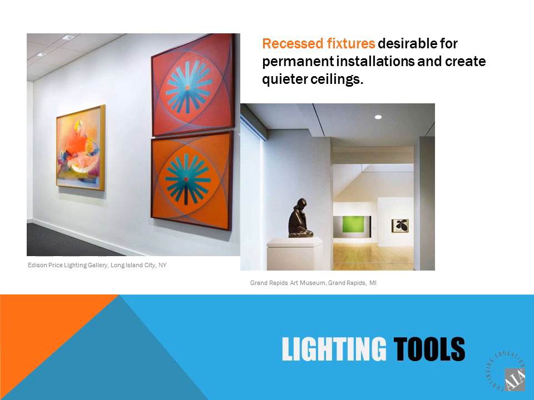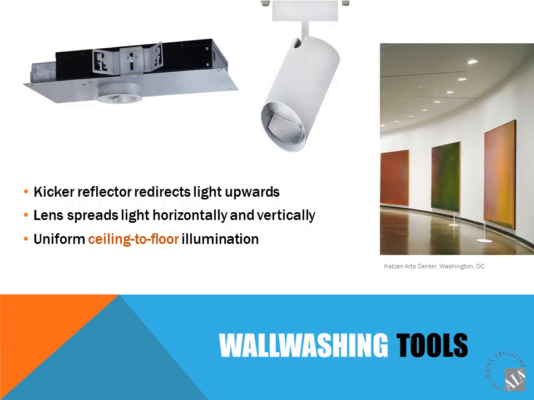But recessed lighting is important too, not just for permanent installations, but also where we want to create a quieter ceiling. We don't have any residential art lighting applications as part of this course, but that would be a very common place to find recessed art lighting fixtures.